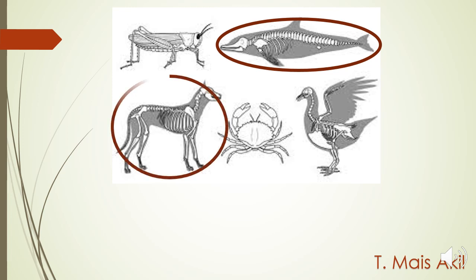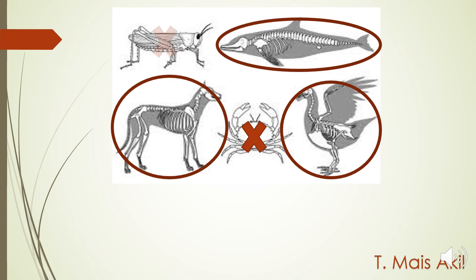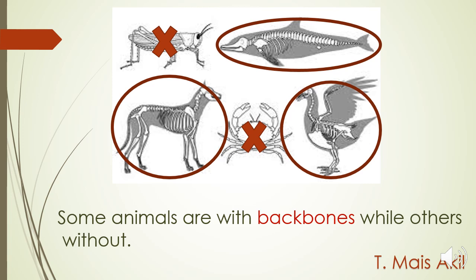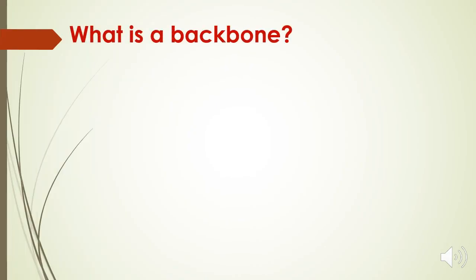The dog has a backbone. The duck has a backbone. The crab doesn't. Also, the grasshopper doesn't have a backbone. So, some animals are with backbones while others without. With this structure, the backbone, we can classify the animals.